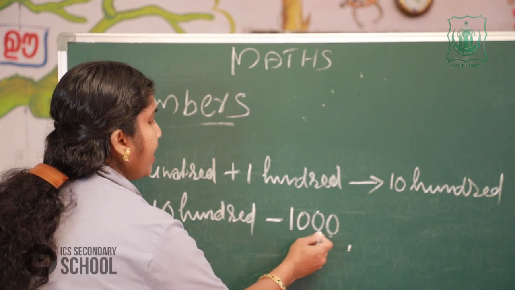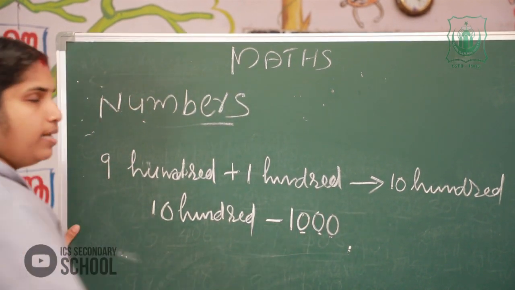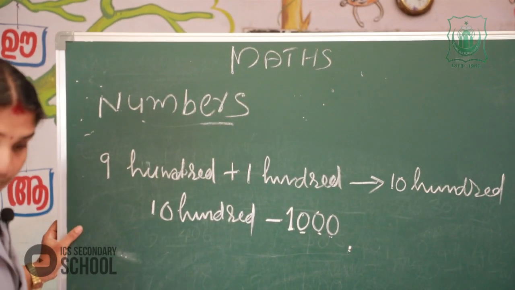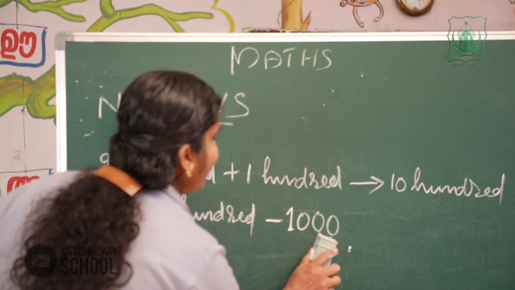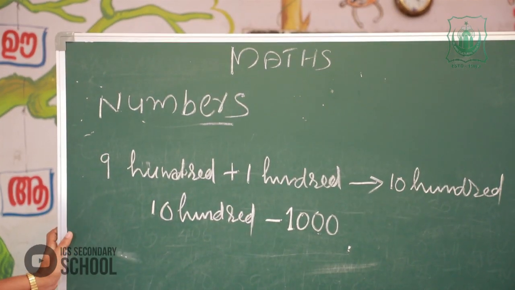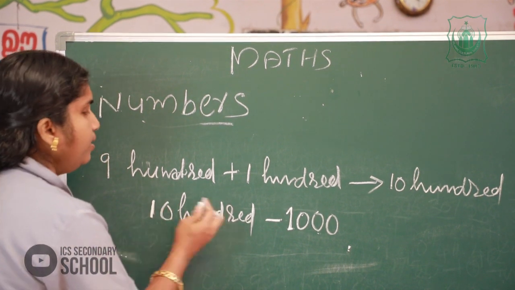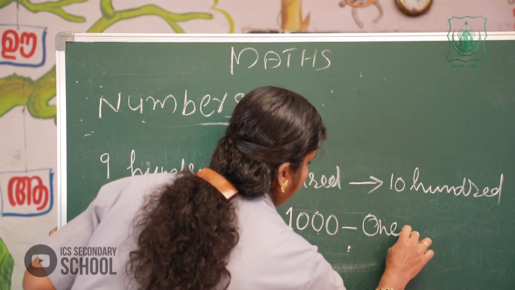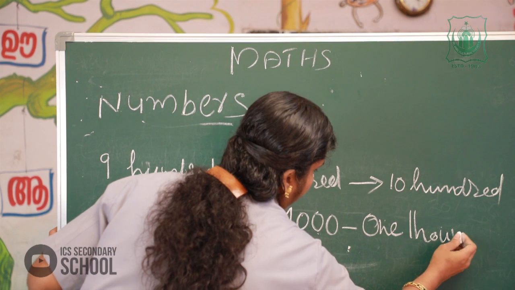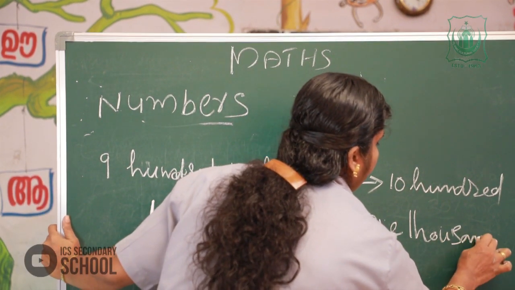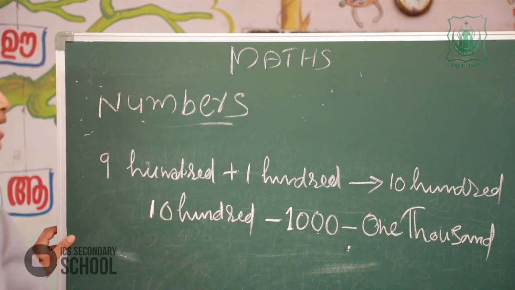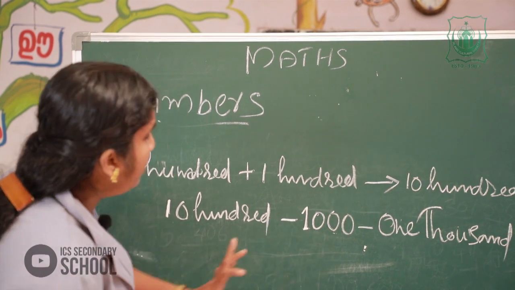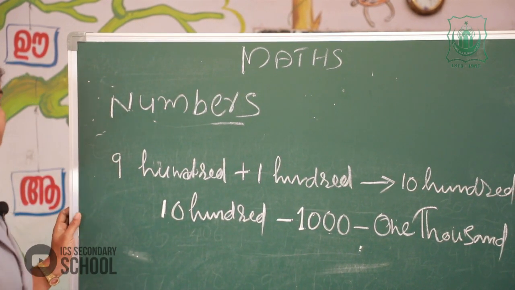Ones, tens, hundreds and thousands. In the thousands place we get the 1, so it is read as one thousand. 10 hundreds means 1000. We write 1000 here.